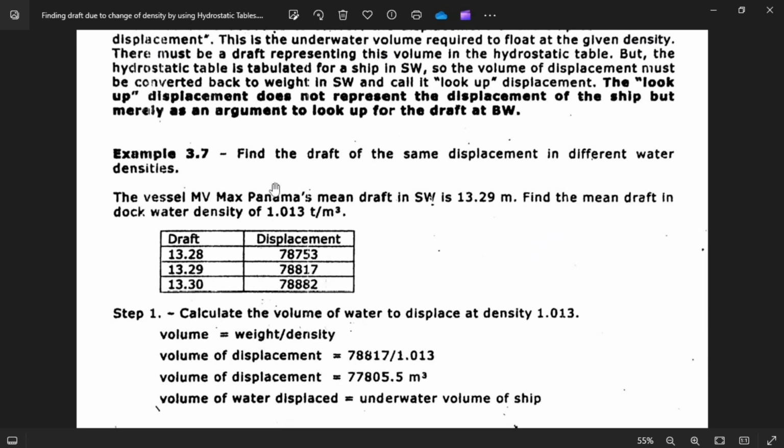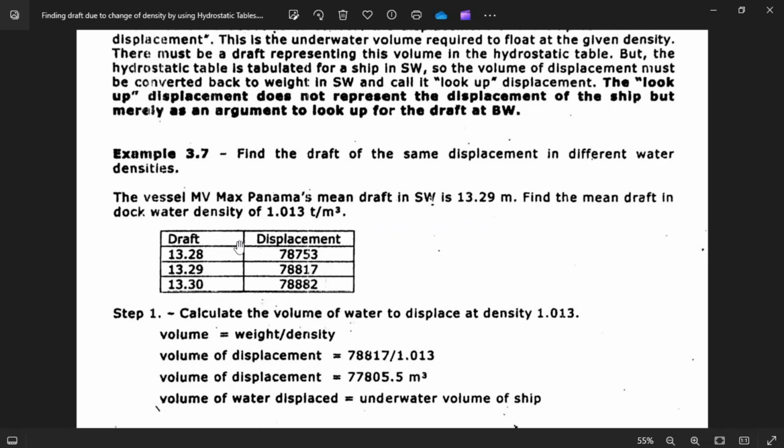Okay, sample 3.7. Find the draft of the same displacement in different water densities. So we have here a sample of MV Max Panama, and the mean draft in salt water is 13.29.